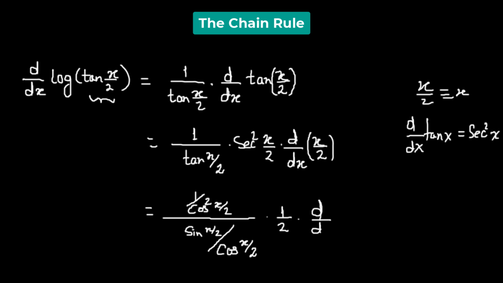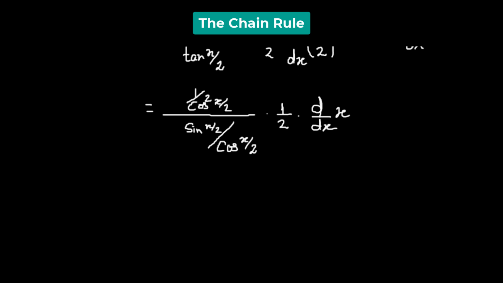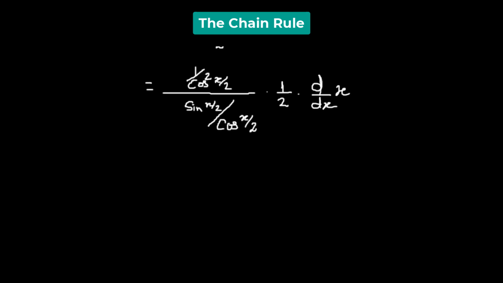So we can cancel out one cosine of x over 2 from the numerator and the denominator. So we have 1 over cosine of x over 2 divided by sine x over 2 multiplied by half, and the derivative of x is 1.